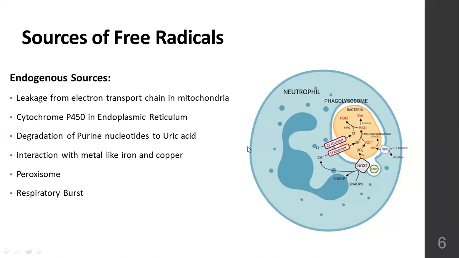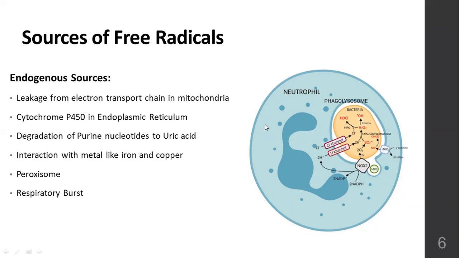The endoplasmic reticulum is somewhere around the nucleus. If you take a cell, it has a nucleus, and somewhere very near to the nucleus you have the endoplasmic reticulum, just like mitochondria, lysosomes, granules. There are a lot of items present in a single cell. So the endoplasmic reticulum is one of them, and cytochrome P450 is also a free radical that is produced by the endoplasmic reticulum.